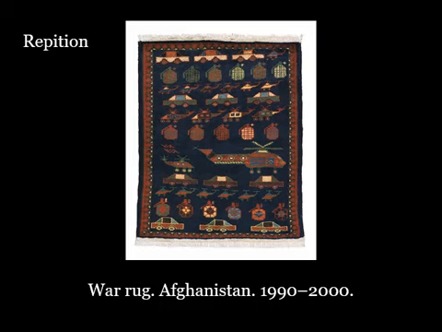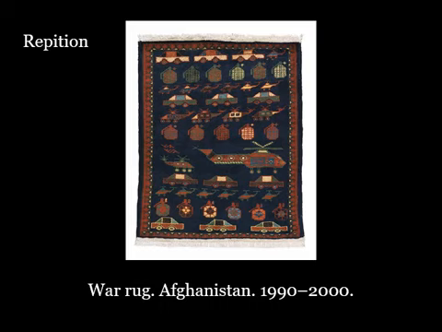So here in this example, we have a rug from Afghanistan, and the weavers in this region have always used imagery from their everyday lives in the objects that they create. And since the outbreak of the Afghan War in 2001, we have seen a rise in rugs that bear war imagery, like the one we see here.